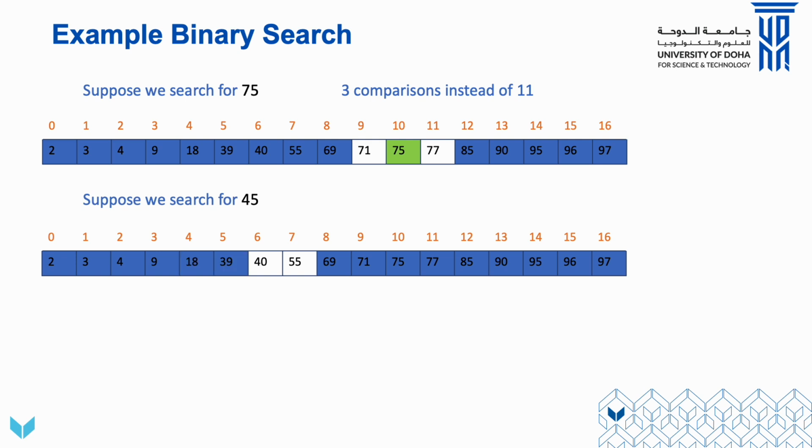Okay, and I once again ask, what's in the middle between 6 and 7? 6 plus 7 is 13. 13 divided by 2 is 6 after you get rid of the 0.5. And I ask, is that what I'm searching for? And still no. But this is less than what I'm searching for, so therefore I toss out this and everything to the left.